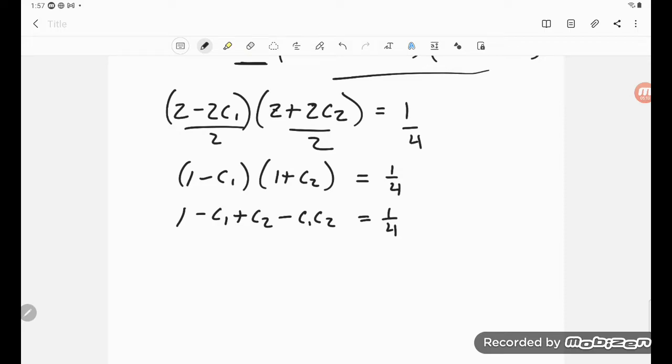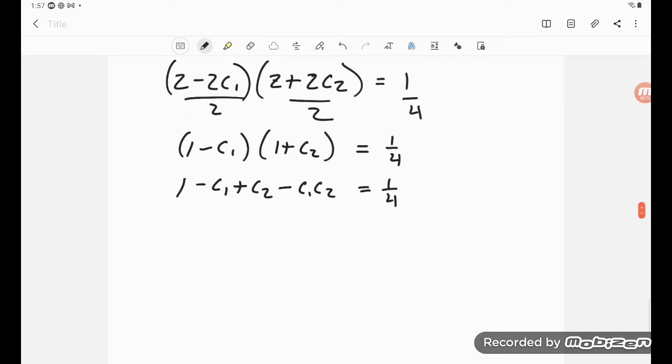And now, with this part right here, I can subtract 1, and so I'll write C2 minus C1 minus C1 C2 is equal to negative 3/4.